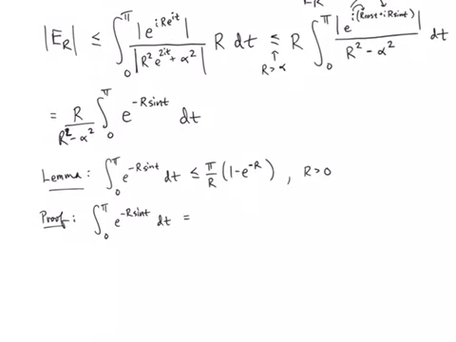By symmetry, since sine looks the same on the interval 0 to pi across pi over 2, when you reflect it, it doesn't matter. So we can basically double up, so we can do double the integral from 0 to pi over 2.